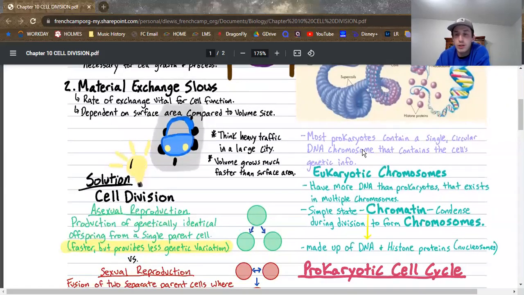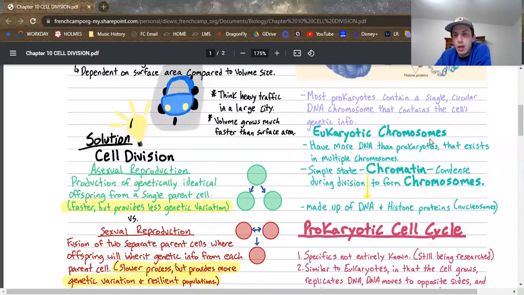Most prokaryotic cells, these are small single-cell organisms, contain a single circular strand of DNA, or DNA chromosome, that contains the cell's genetic info. So they don't have a nucleus that holds the information. They're going to have a single strand, usually in a circle, located in the cytoplasm, and that will be where they get their information from.